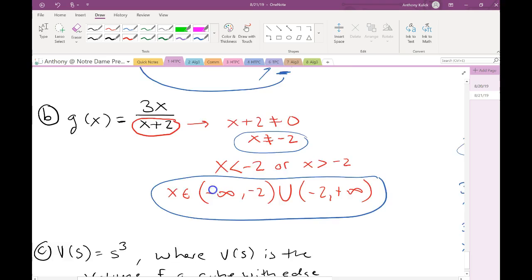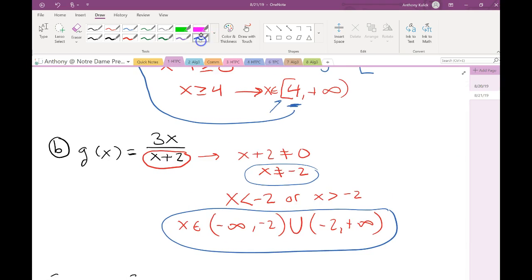The shortcut for this one was, because this is a simple rational function, and the degree of the numerator is the same as the degree of the denominator, I can find the horizontal asymptote by looking at the leading coefficient over the leading coefficient. So 3 over 1 is where the horizontal asymptote is. So the range is everything except for that horizontal asymptote. You knew that last year, you just forgot in the interim, which is okay.